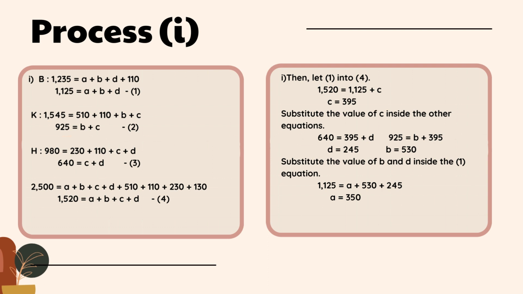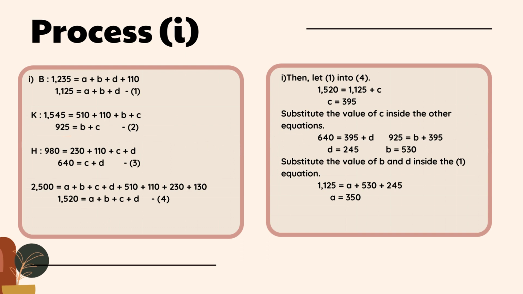So we let number 1 into number 4, which is 1520 equals to 1125 plus C. Then we get C, which is equal to 395.